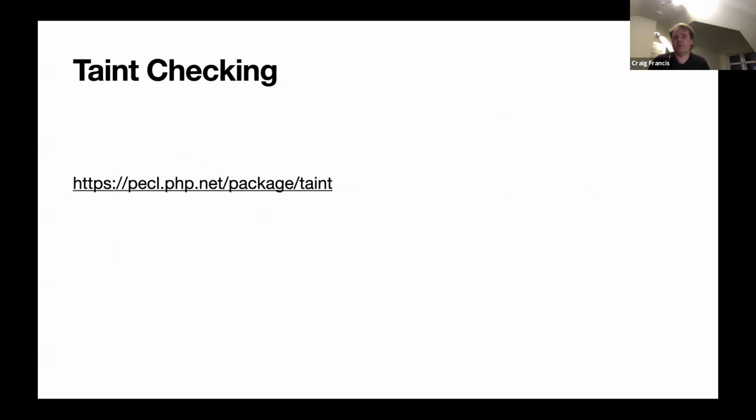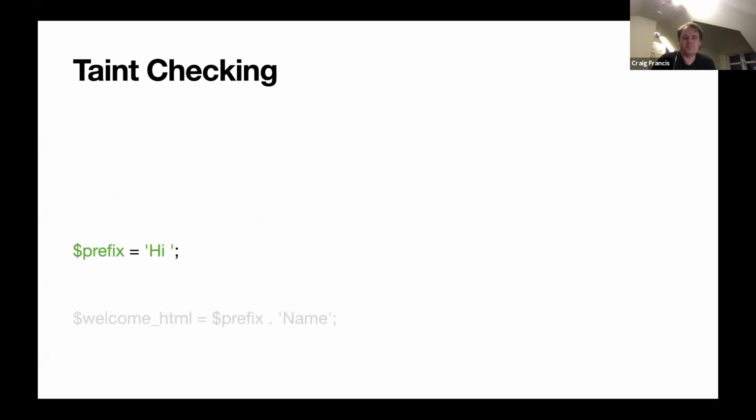Now, historically, we've got taint checking. There's an extension available for PHP at the moment. This was like a first attempt at trying to solve this. Well, probably second after magic quotes, but we won't go there. The idea is that you have a variable. If it's defined in the script, it's untainted. And if you combine untainted things together, it's combined to create something that's considered safe.